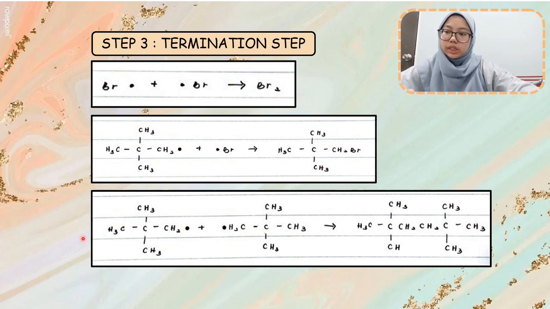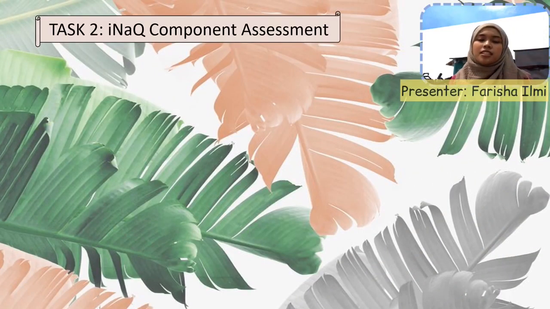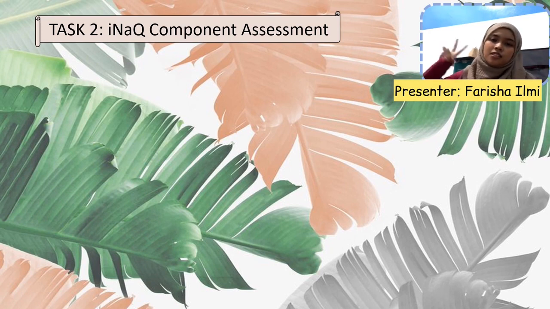And the last reaction uses two quaternary free radicals, where the compounds will attach to each other and form an alkane. So the major product is from the second reaction, because this compound is the most stable of the other two. Next, let's proceed with our presentation to task 2, INAQ component assessment.